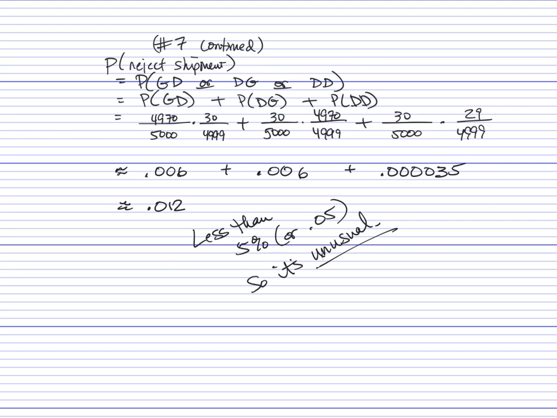Okay, I had to add another little slide in here to just show that this worked for that. This is the probability that the shipment is rejected, which is, as we talked about, there's 3 outcomes in that sample space where they reject the shipment. And that is the first one's good and the second one's defective, or the first one's defective and the second one's good, or they're both defective, right?